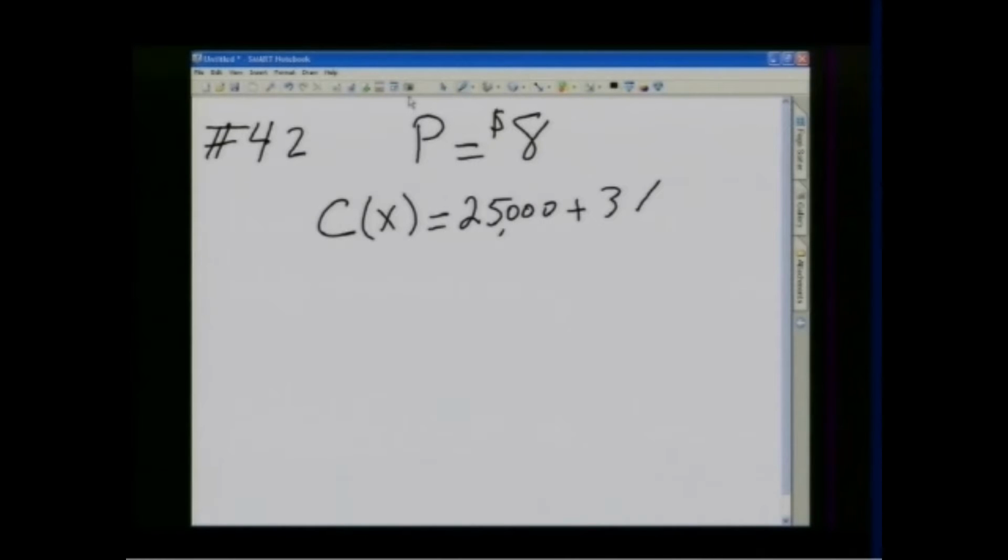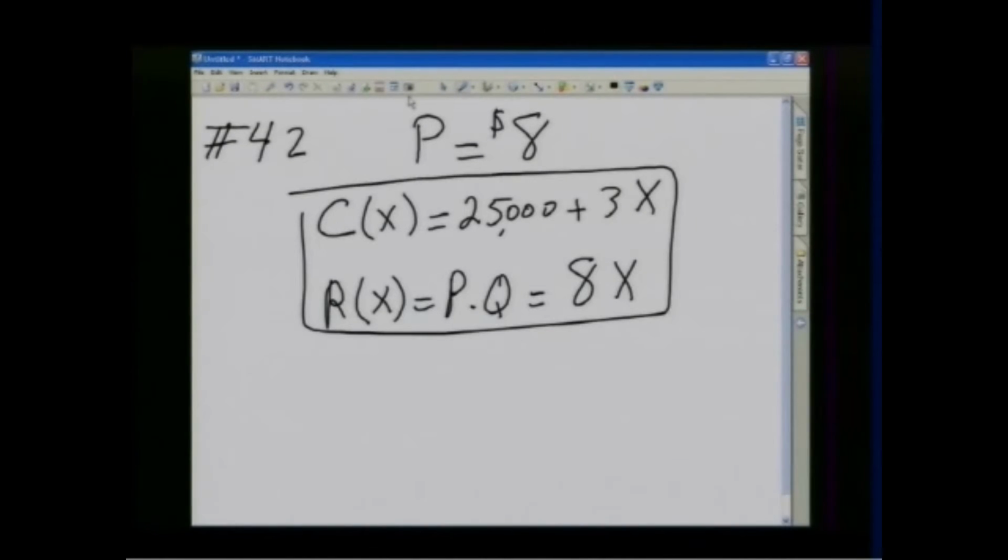So 3 times x. This is the cost function. The revenue function, R of x, is equal to price times quantity. In this case, it would be a price which is $8 and quantity which is shown with x. So it would be 8x. These are the two functions we have.